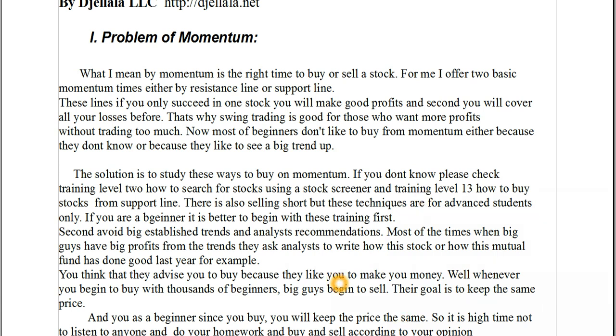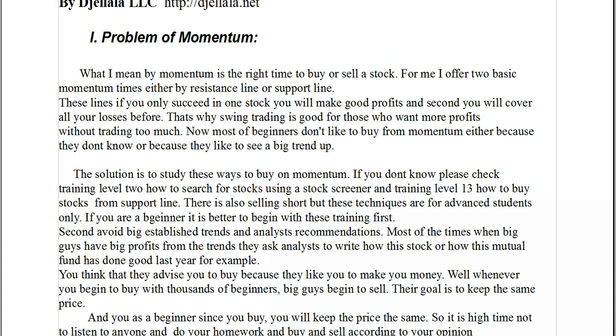There is also selling short, but these techniques are for advanced students, and you should not use selling short with swing trading. Try to be careful, because if the stock has a gap up, or something big happens or good news, you can lose a lot of money.